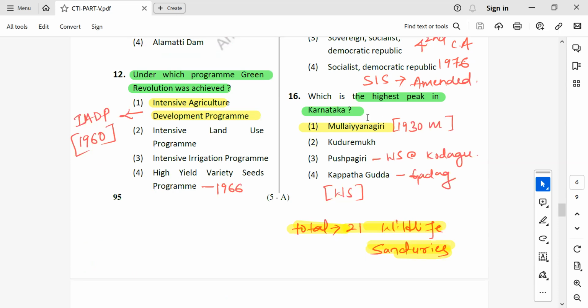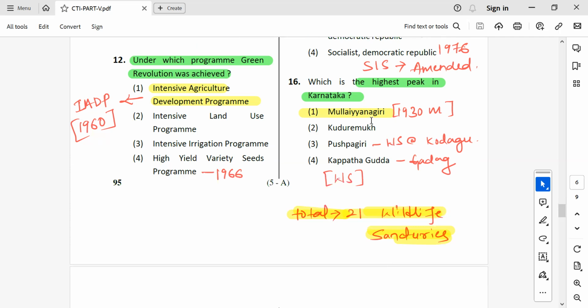The highest peak in Karnataka. We have discussed the highest peak in the Western Ghats, the Eastern Ghats, Vindhyas, Satpura, Aravalis, and Himalayas also. So they have asked the highest peak in Karnataka: Mullayanagiri. The height is 1930 meters. So these are very important. The highest peak in the Western Ghats is Anamudi.